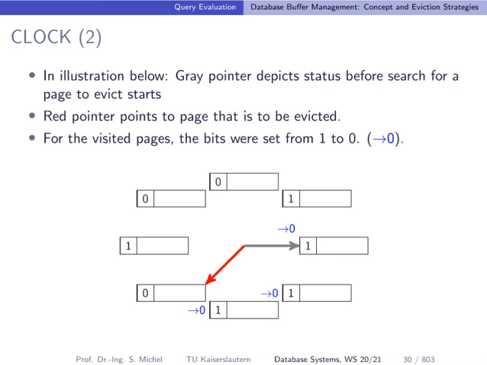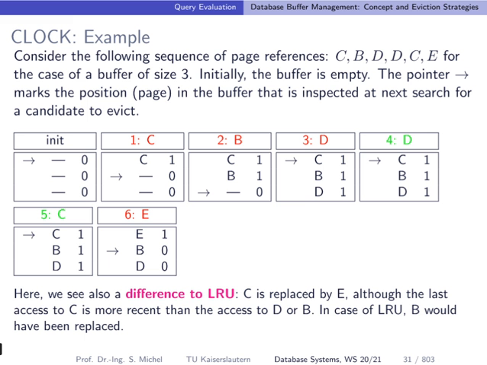And that's just another illustration of what I have already told. There's a more complex example here you can walk through. Initially, the buffer is of course empty, and this is the arrow pointing to the next element.